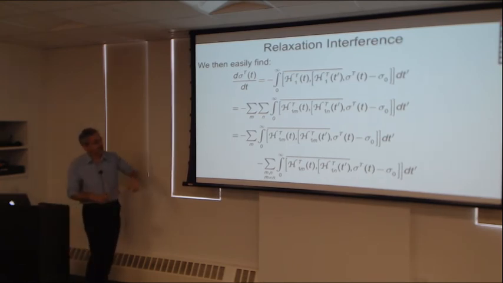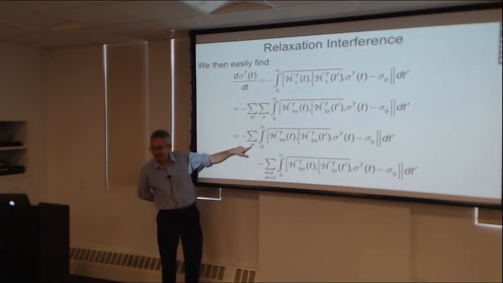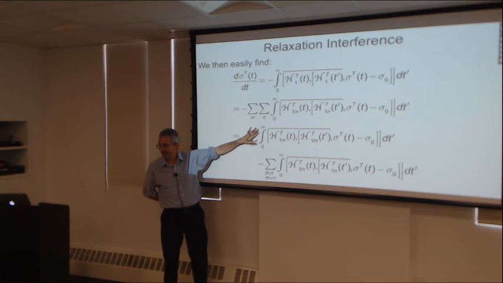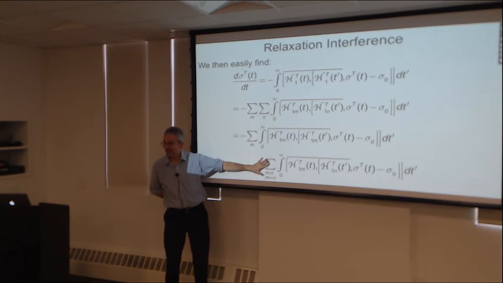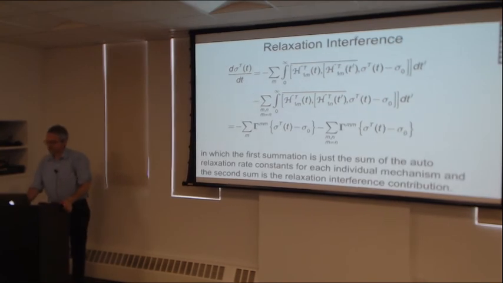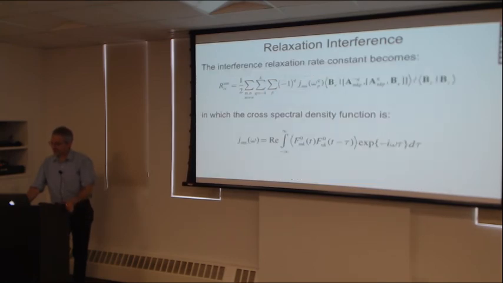If we like, we can separate the double sum into one sum in which the indices are the same, and then another sum in which the indices are different. This would just be our relaxation due to each individual interaction, and this would be the relaxation from the correlation between interactions, sometimes called cross-correlated relaxation or relaxation interference. But then we continue to do exactly what we did before, just keeping track of the two different sums.